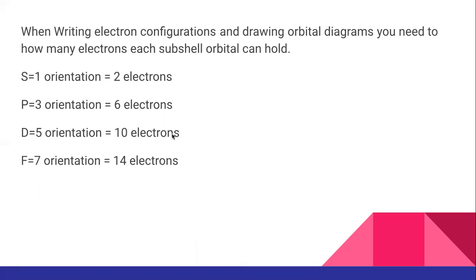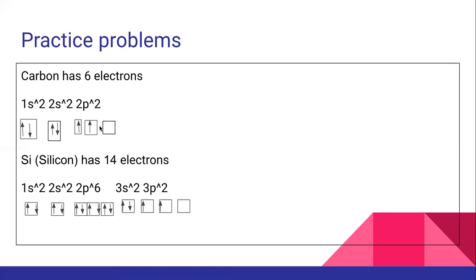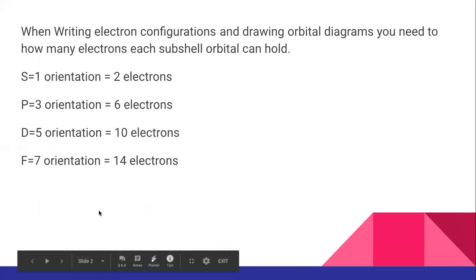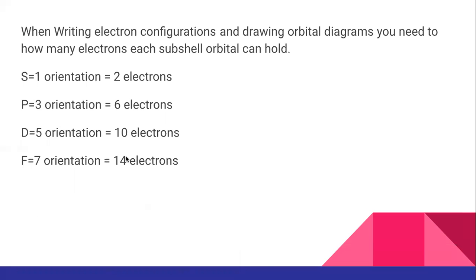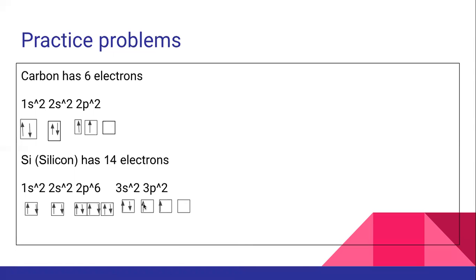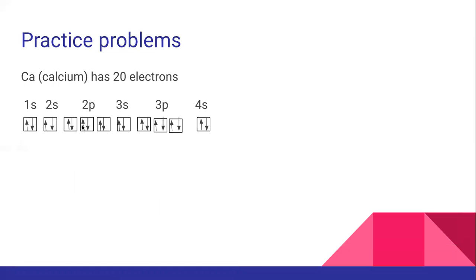Make sure you know D can hold 10 electrons. So when you see we have 3 boxes for 6, you'll need 5 boxes when you're doing the diagram for D, instead of 3 as it's shown here with the P. And then when you go to 14, you're going to need 7 boxes when you're doing the orbital diagram, instead of just 3 or 2 or 1.